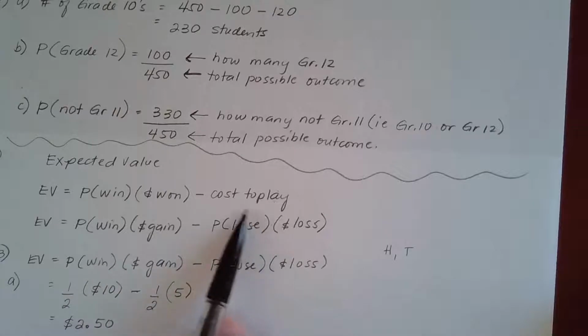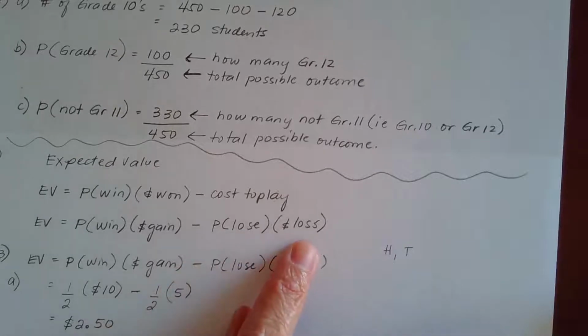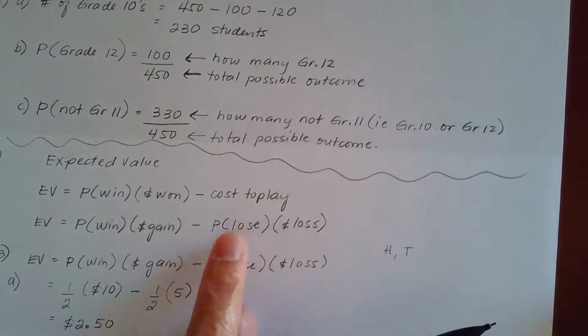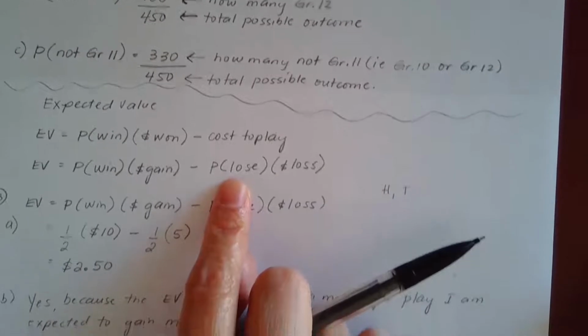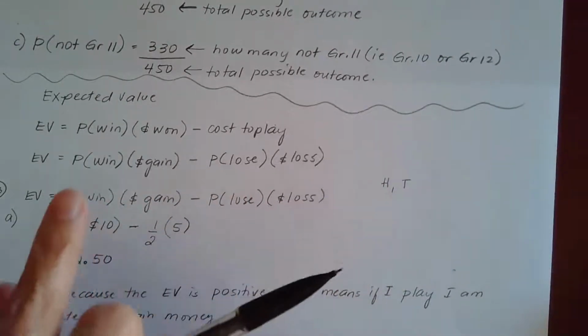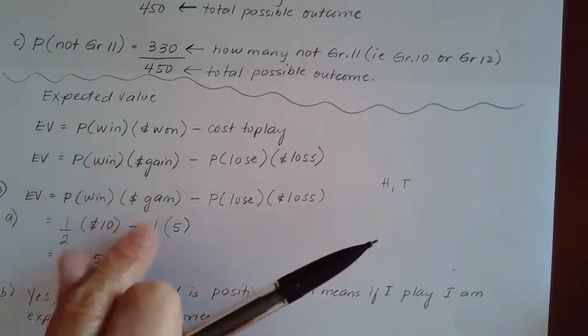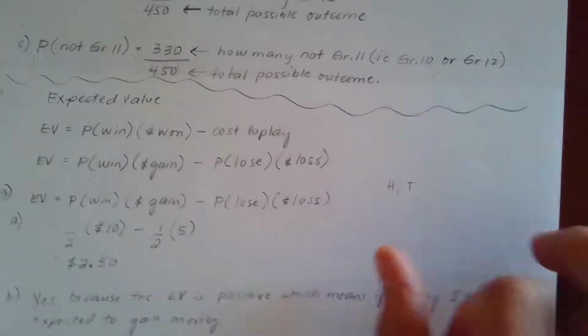It actually doesn't have the probability of lose. But we could figure out the probability of losing, because if I know the probability of winning, which is 40%, then the probability of lose is 60%.